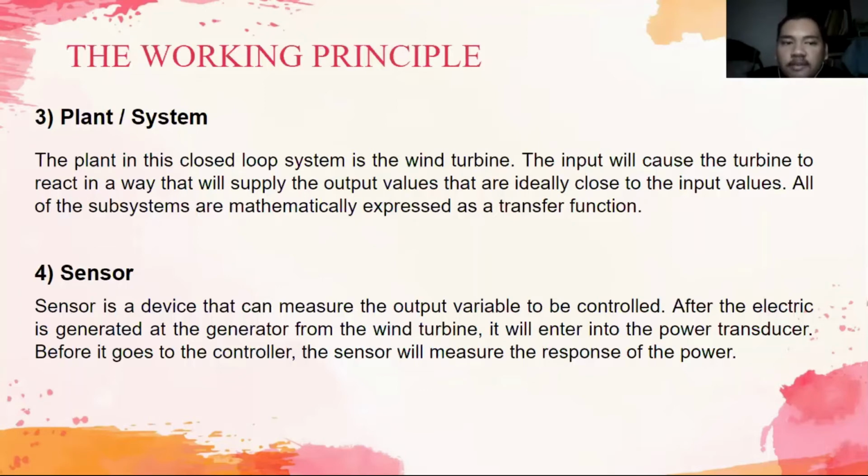All of the subsystems in this PID controller are mathematically expressed as transfer functions. Next is the sensor. A sensor is a device that can measure the output variable to be controlled. After the electricity is generated at the generator from the wind turbine, it will enter the power transducer. Before it goes to the controller, the sensor will first measure the response of the power.